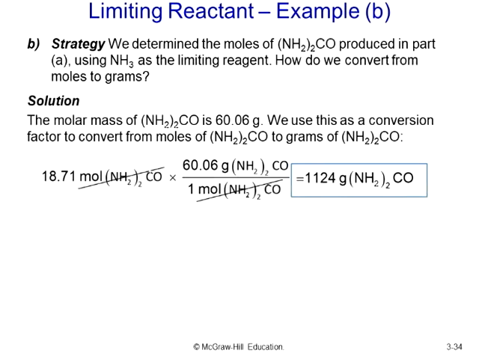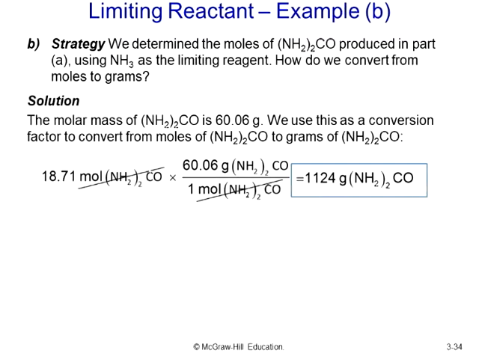So now that we know how many moles we produce, we can carry out a dimensional analysis conversion to the number of grams of urea we produce. Because actually in a plant and in manufacturing, it's the pounds, if you will, or the kilograms. So let's prepare for the number of grams that we produce from 18.71 moles.